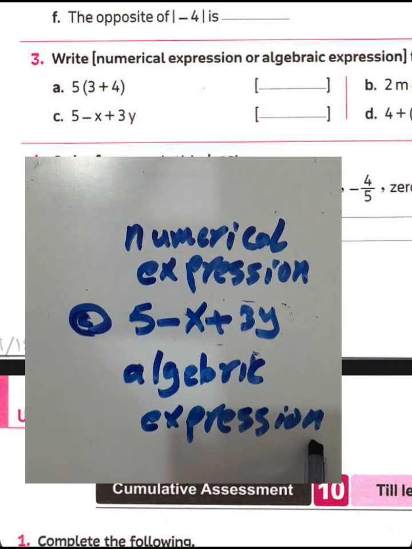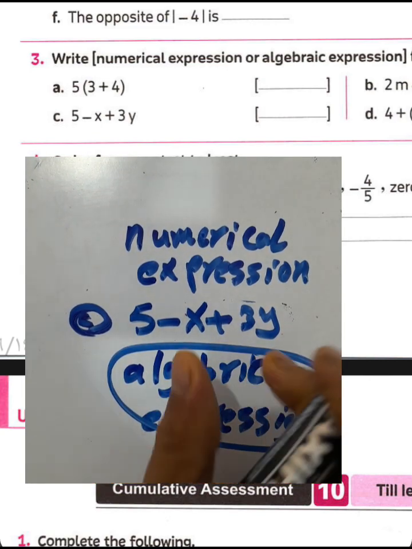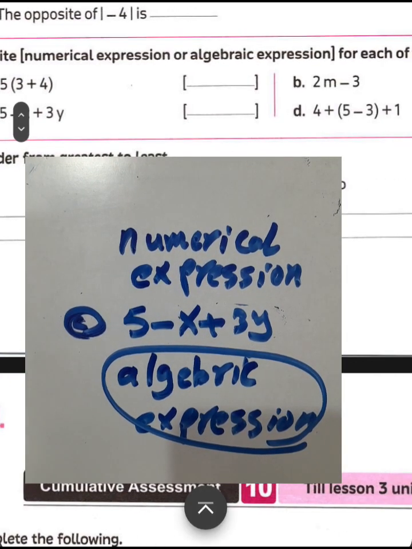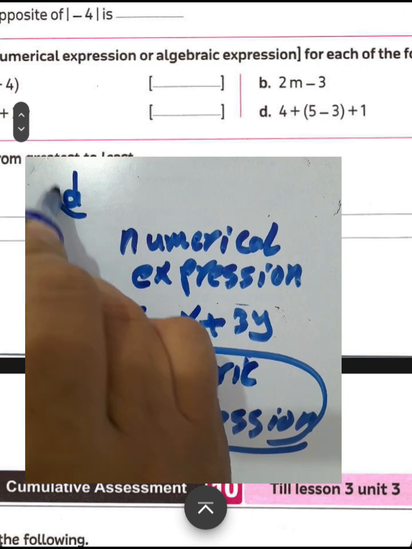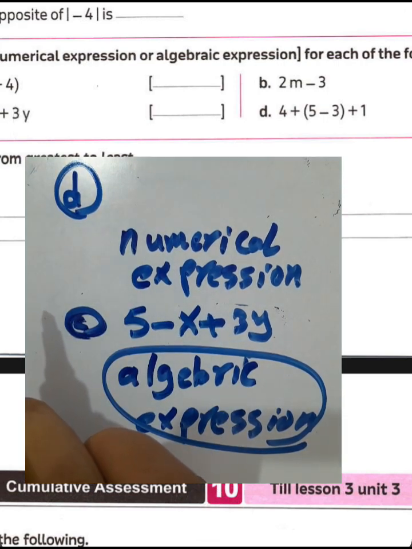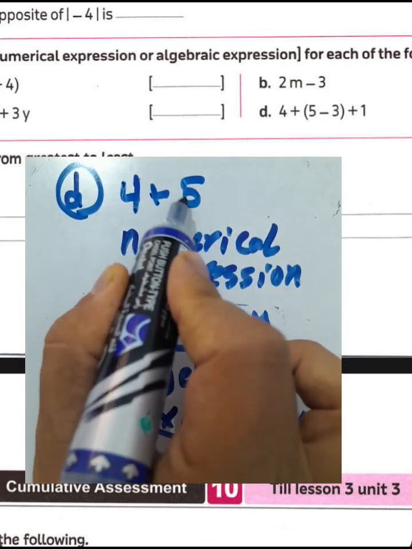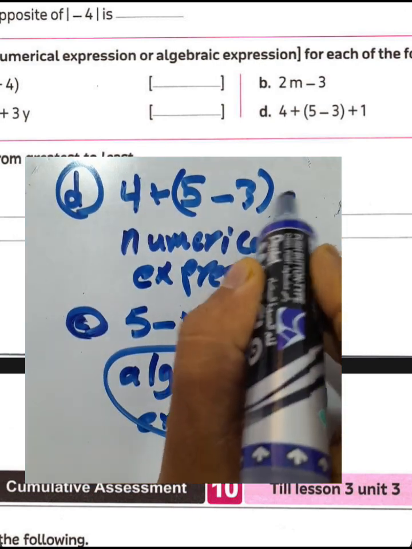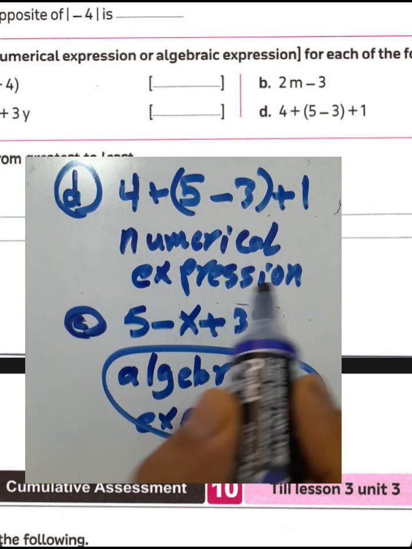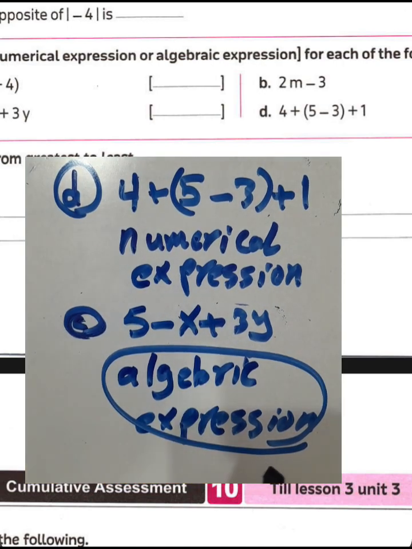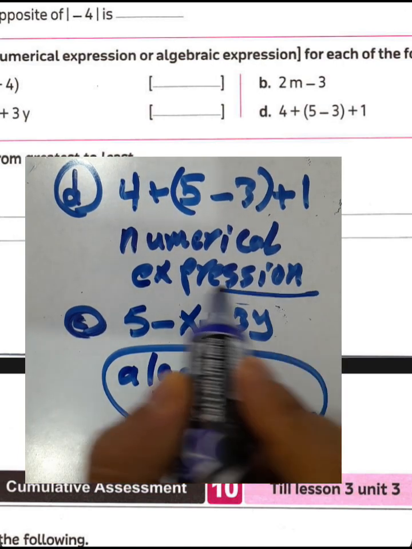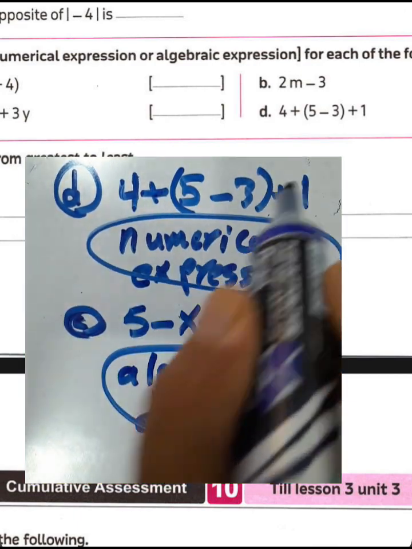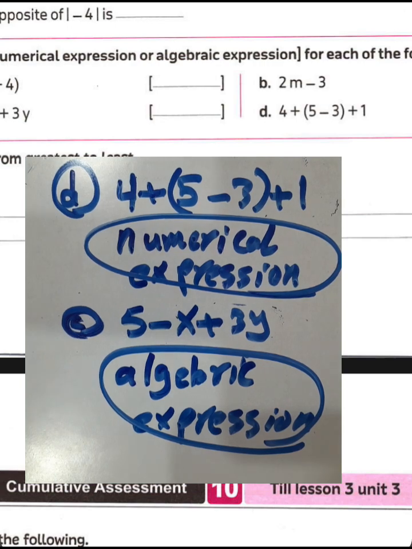We call it algebraic expression because we have unknowns, 2 terms here. And what about letter D? 4 plus 5 minus 3 in brackets plus 1. We call it numerical expression because all terms here are numbers, okay?